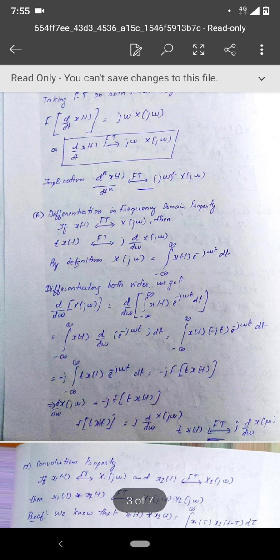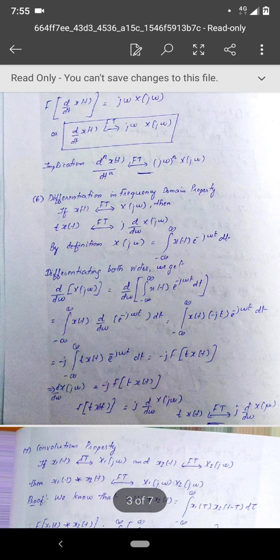If you do that, you will get the integral from minus infinity to infinity of x of t times minus jt, inside the bracket, e raised to minus j omega t dt. Now minus j you can take outside, and t and x of t are combined, times e raised to minus j omega t dt. So what is the integral from minus infinity to infinity of t x of t e raised to minus j omega t dt? That is nothing but the Fourier transform of t into x of t. So minus j times the Fourier transform of t x of t.